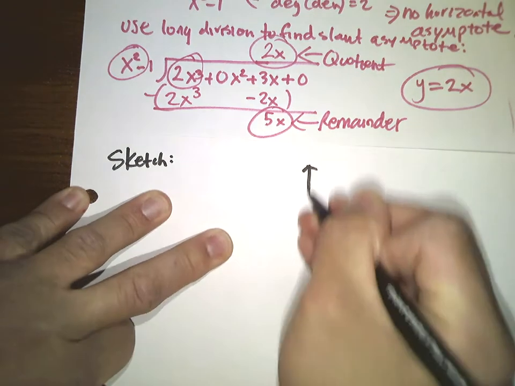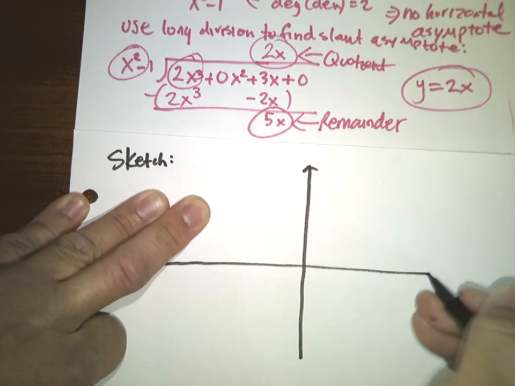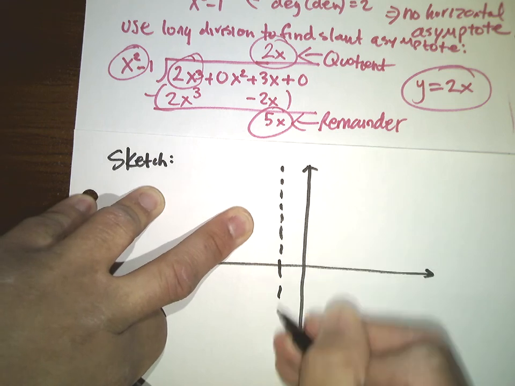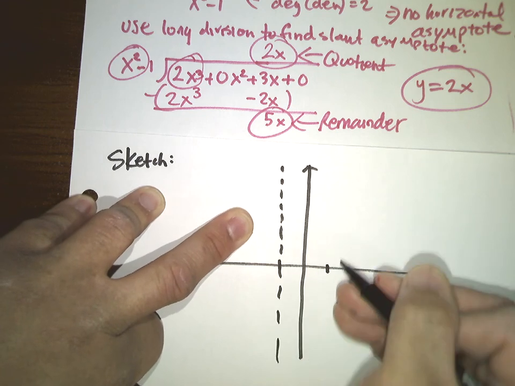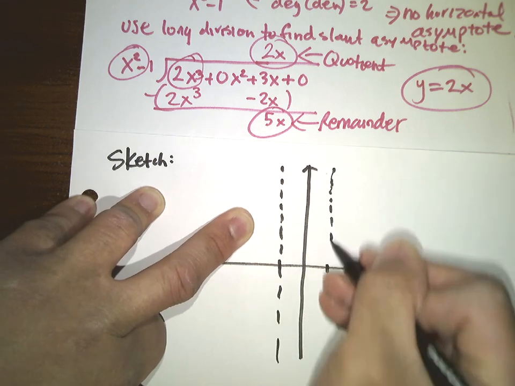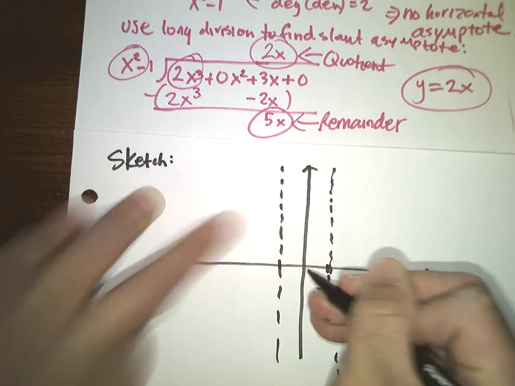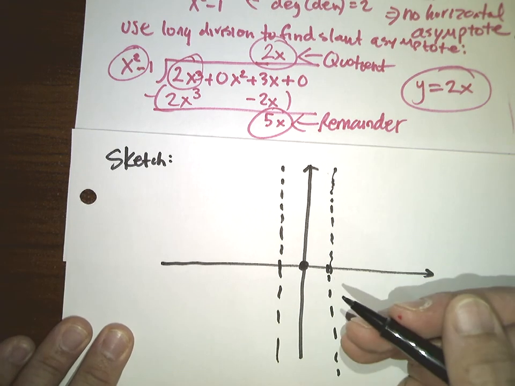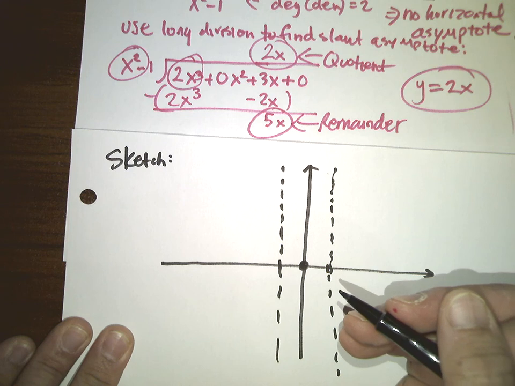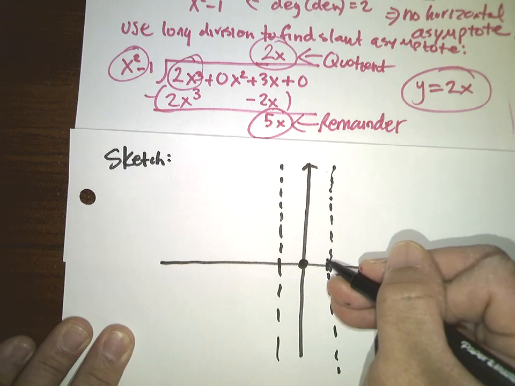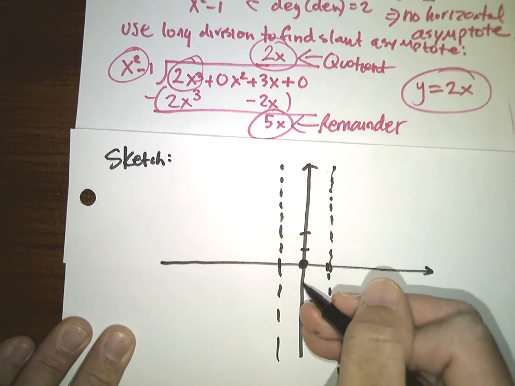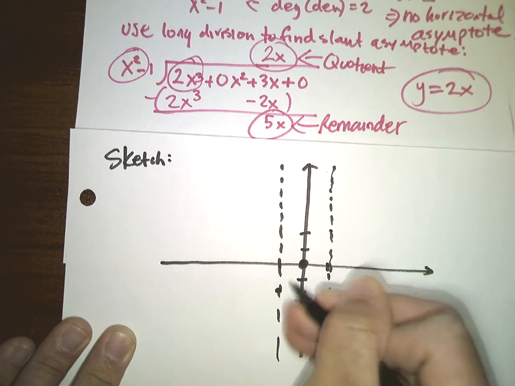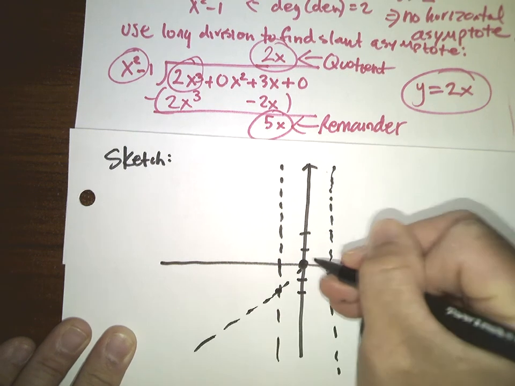We have vertical asymptotes at x equals -1 and x equals 1, and a slant asymptote of y equals 2x. There's an intercept at 0, 0. At 1, the asymptote has a value of 2, and at -1, it has a value of -2. So the asymptote looks like this.